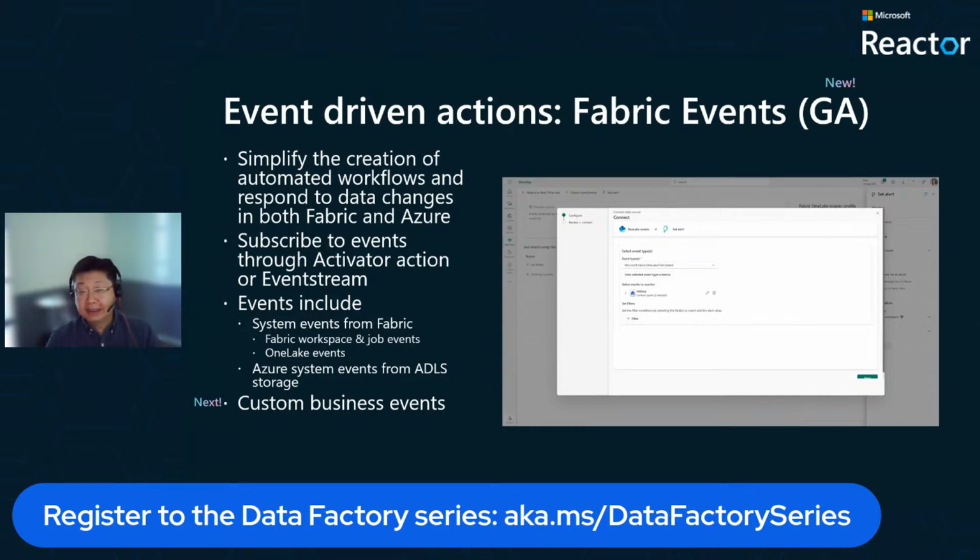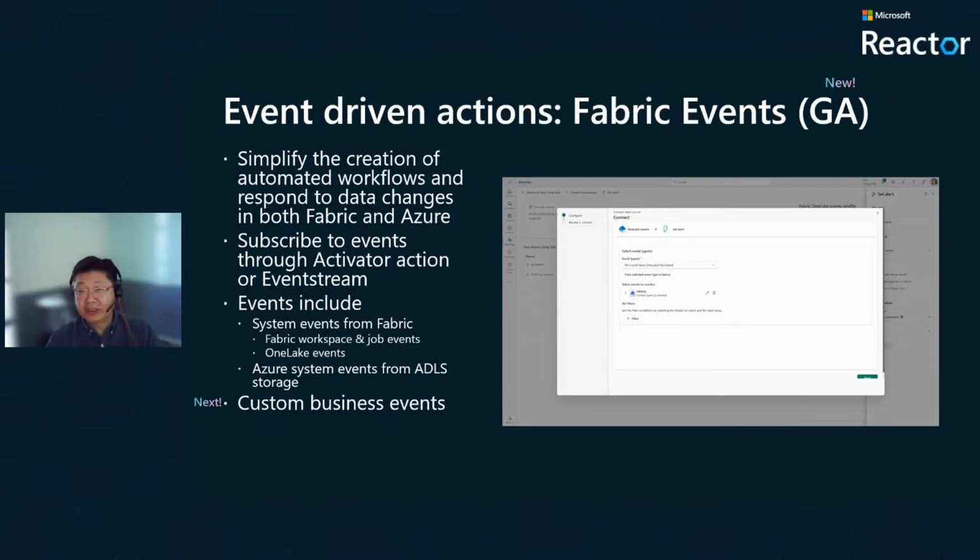Another very important thing we are going to build is called custom business events. What that means is, if you have certain messages or certain streaming data, for example, your own luggage tracking system, and your luggage is missing, then there will be some stream data inside your luggage system.